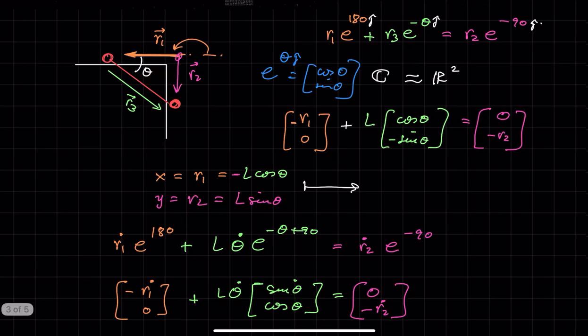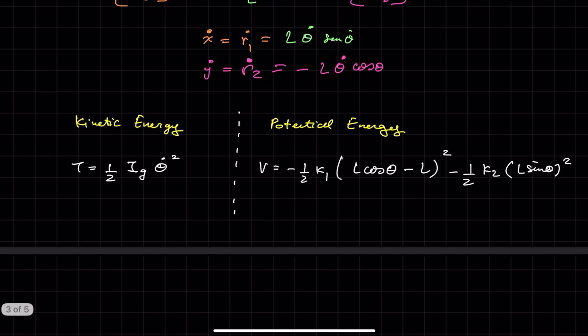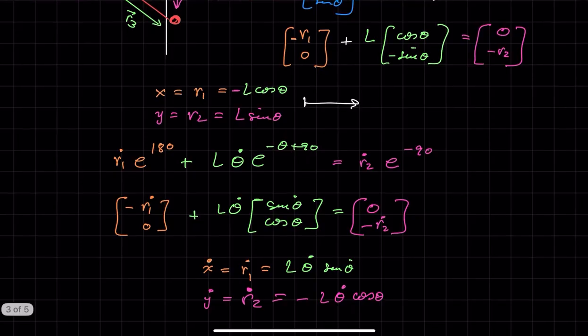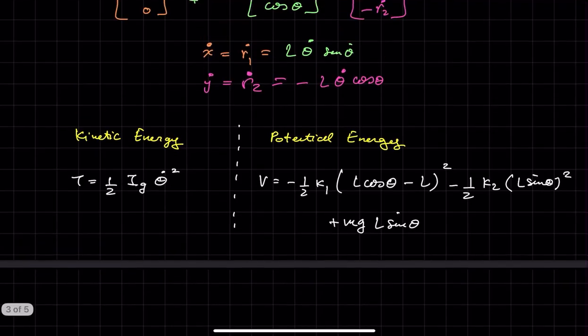So it's just going to be L sine theta, right? And then plus mg, the height. And where is the height? The height is L sine theta. Okay. That's very easy.